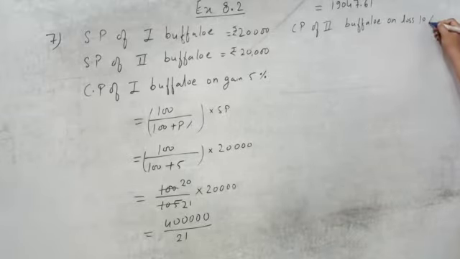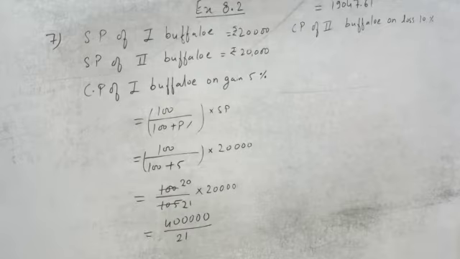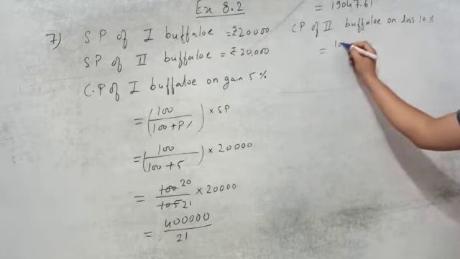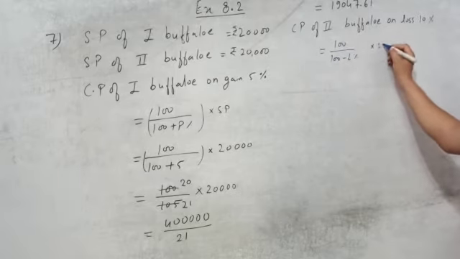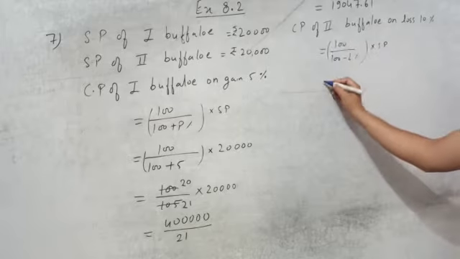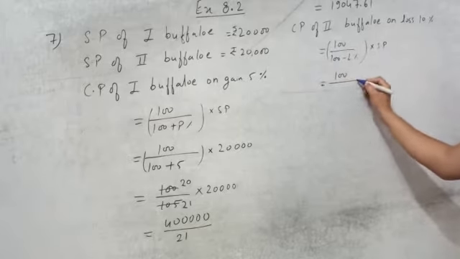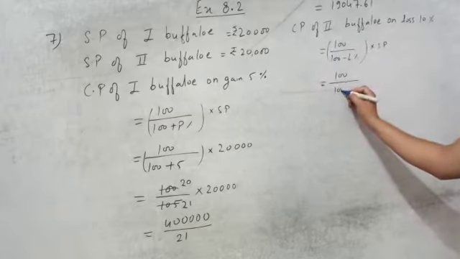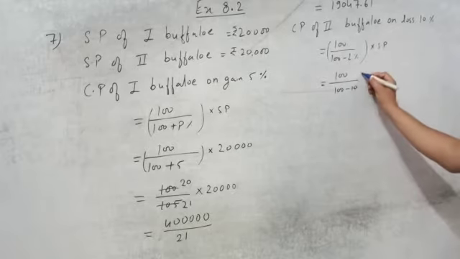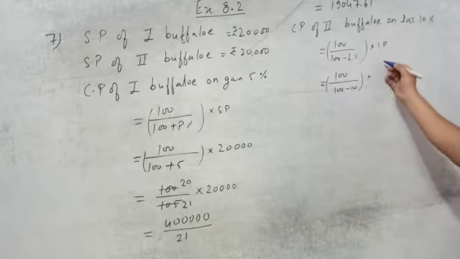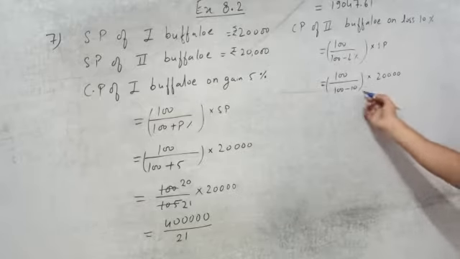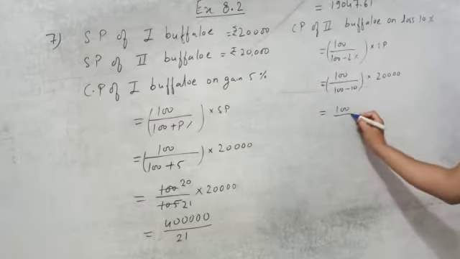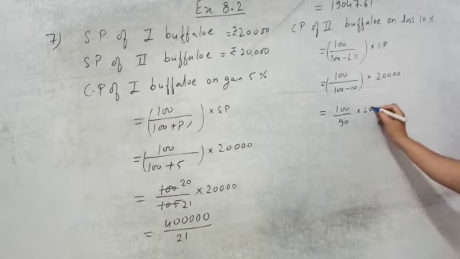So we will find it on the loss of 10%. So the formula will be 100 upon 100 minus loss percent into SP. So 100 upon 100 minus 10 into what is the SP? 20,000.